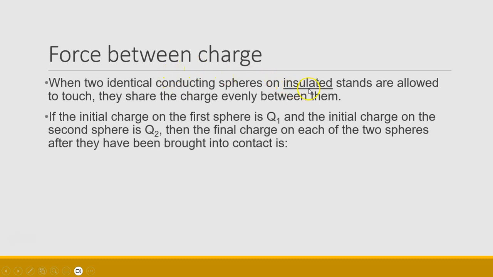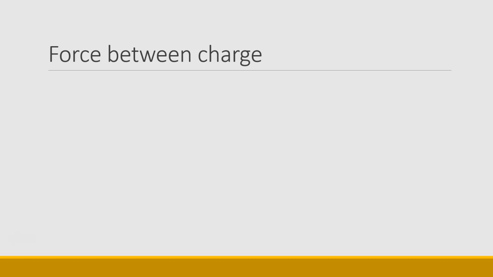So when two conducting spheres on insulated stands touch each other and then they're made to separate, they will share in their charge evenly. Now, charge is represented by the letter Q. So if the initial charge on the first sphere is Q1 and the initial charge on the second sphere is Q2, then the final charge on each of the spheres would simply be calculated as Q1 plus Q2 divided by 2.